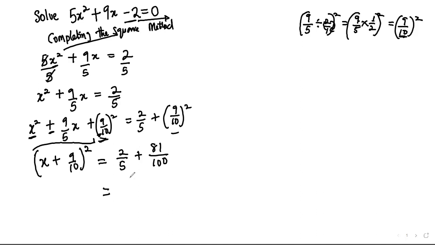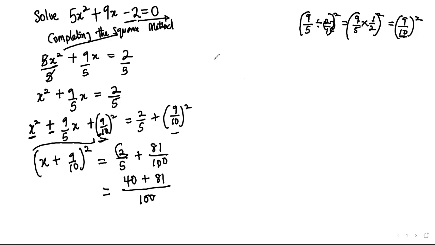So you can decide to use the LCM. The LCM here is 100. So 5 in 100 is 20, right? Yes, 5 in 100 is 20. Then 20 times this 2, we have 40. So we have 40 right here. Then plus 100 divides 100 is 1. 1 times 81 is still 81.